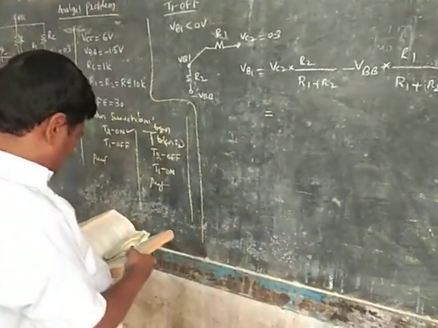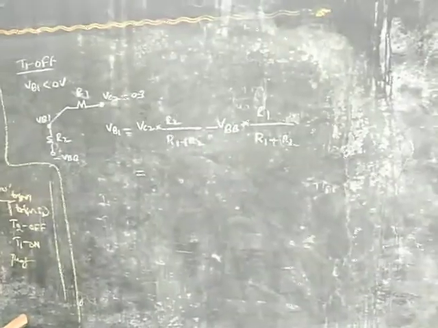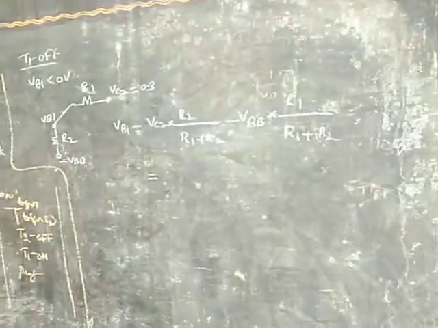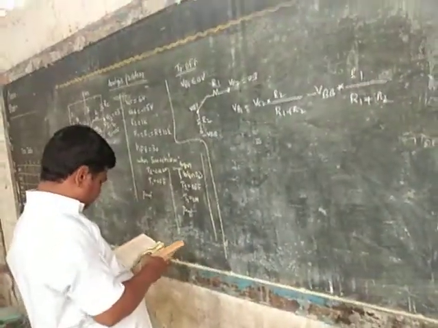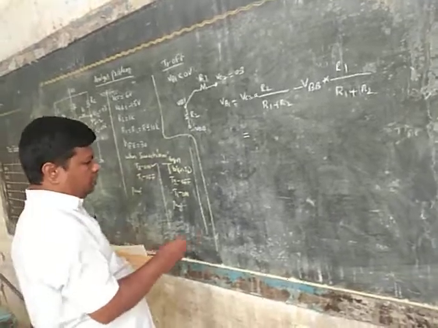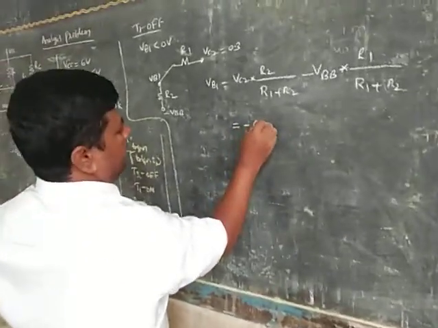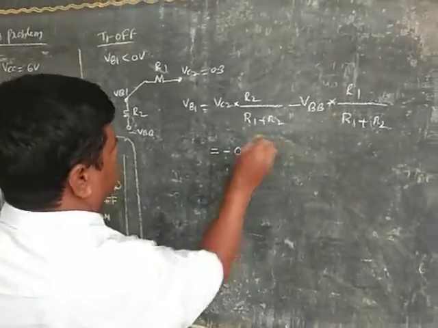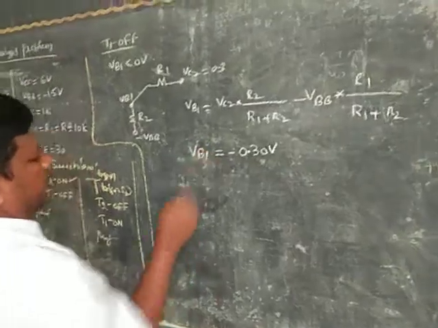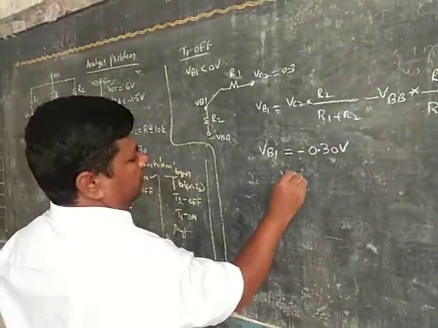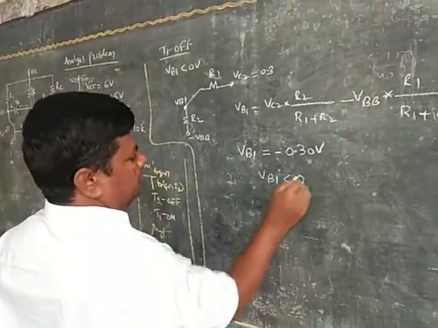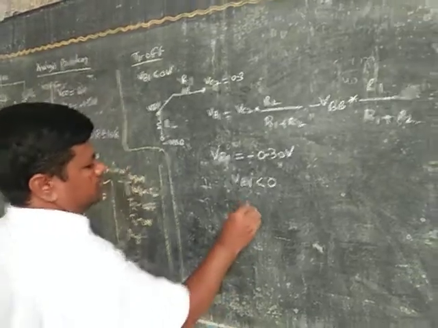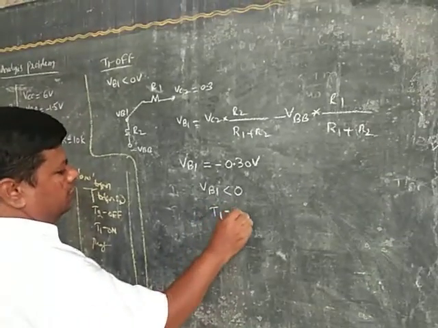VB1 is approximately minus 0.3 volts. So VB1 is less than 0 volts, so the T1 transistor is off.